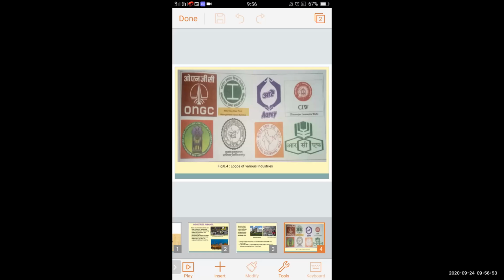KVIC means Khadi and Village Industries Commission. What is the raw material used here? It is cotton, because these industries belong to Khadi, which means related to clothes.